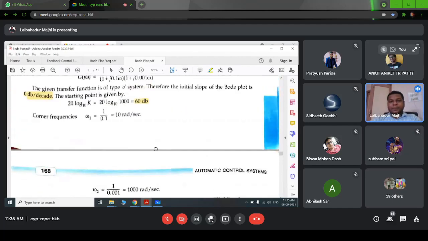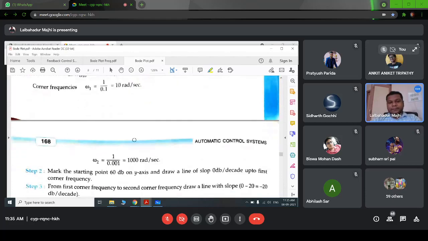We can define the corner frequency as the frequency at which two asymptotes break.